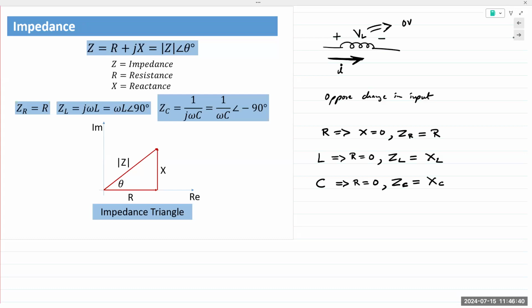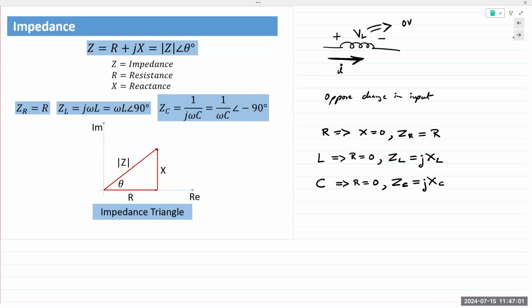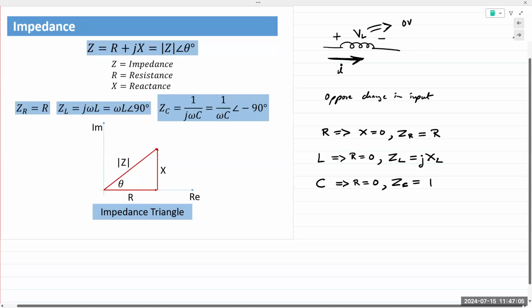So ZL and ZC are XL and XC. And because we are using the imaginary number to describe it, we also put a J in front. So it's J times XL and J times XC. Actually, for XC it is 1 over J.